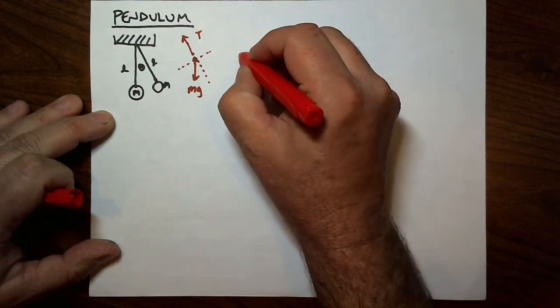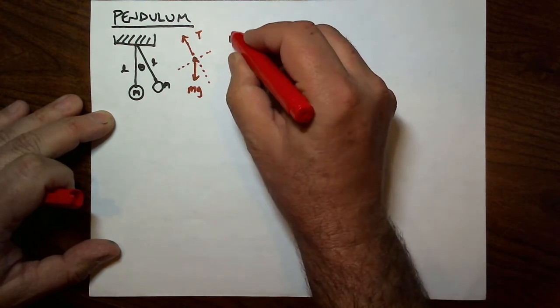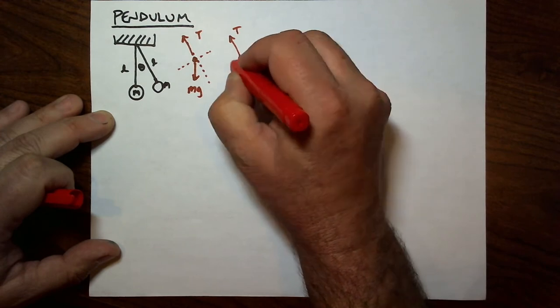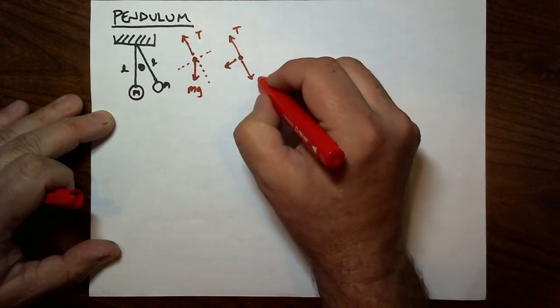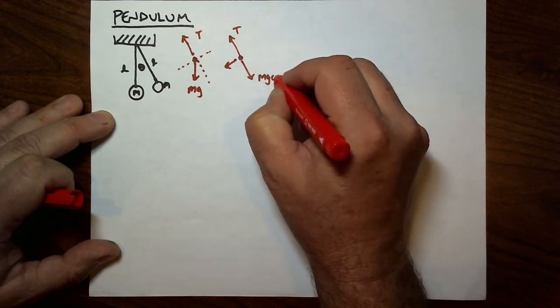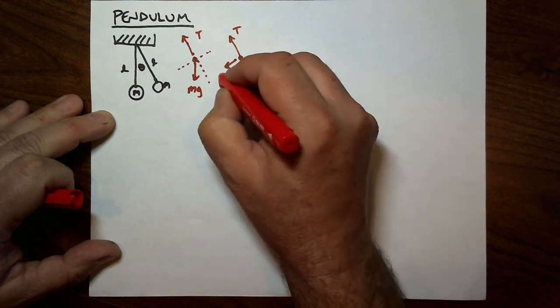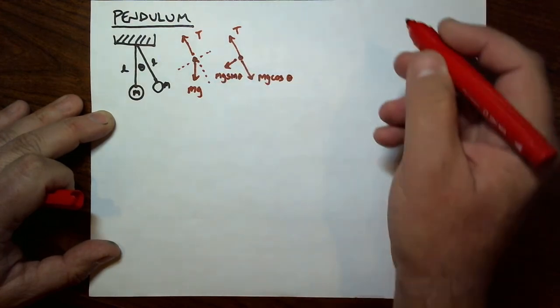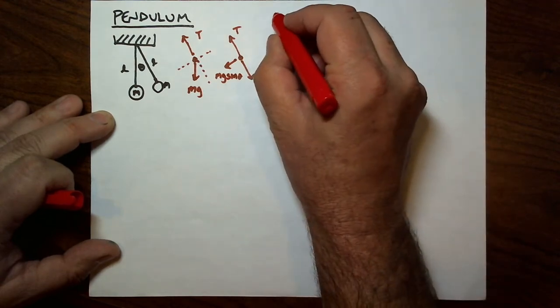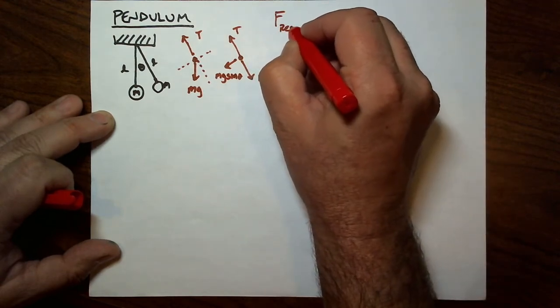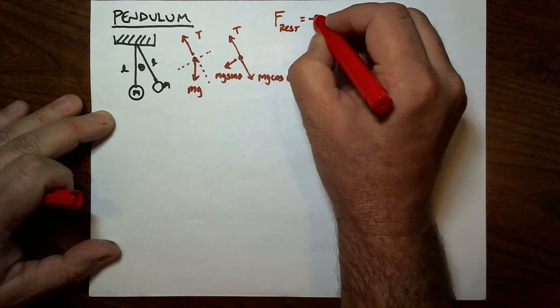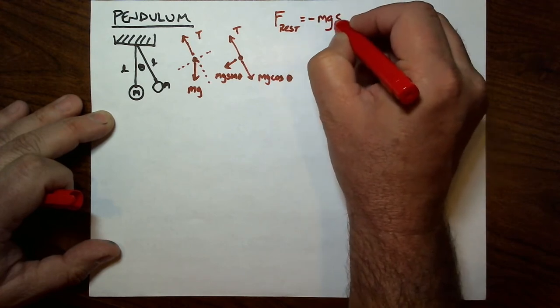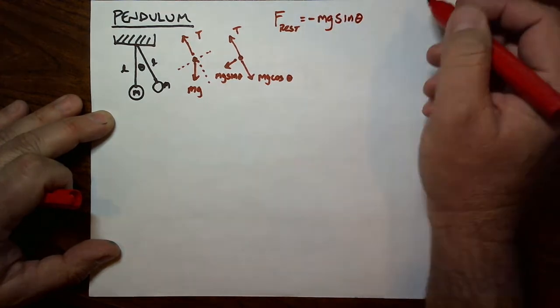So if we go ahead and componentize it, the diagram is going to look like this. mg cos theta here, and mg sine theta is the restoring force. So we can conclude that the restoring force is equal to minus mg sine of whatever angle we pull it to the side.